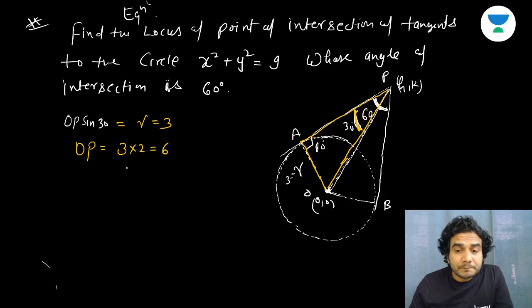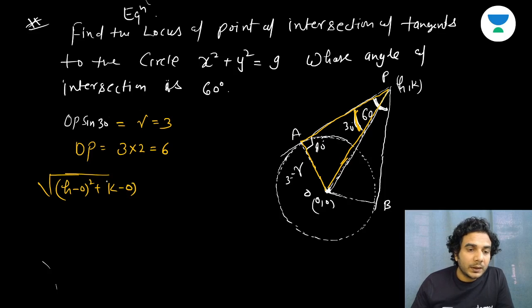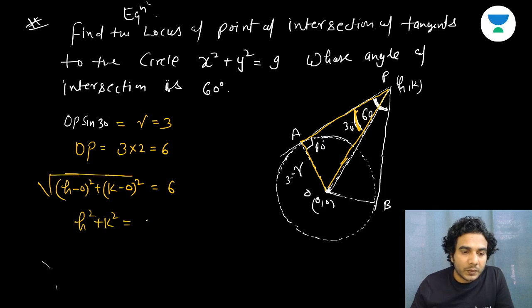Now OP is 6, O is given, so we can write OP as √((h − 0)² + (k − 0)²). It is again a circle, can you see that? The only thing is the length has changed, the radius of the circle is different now. If you square it, you get h² + k² = 36.